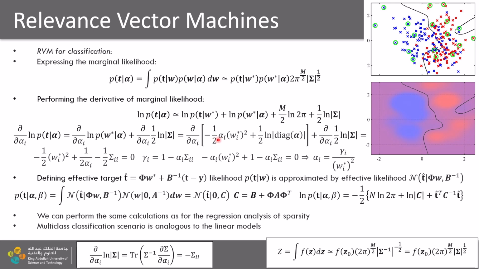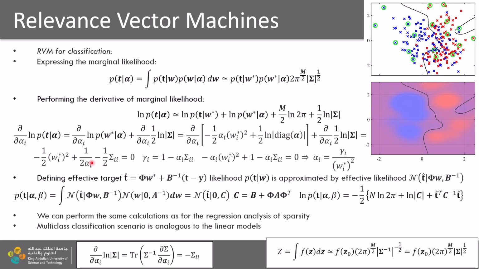In this case we have a similar situation where if we have a diagonal matrix, its determinant is the product of all the terms in the diagonal matrix, and if you take the ln of such a product, then you will have 1 divided by the product, times the derivative inside, which is the product where alpha I is multiplied with all the other alphas, and those will be in the numerator.